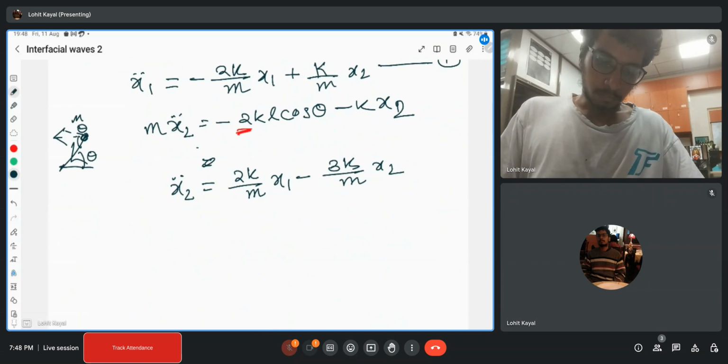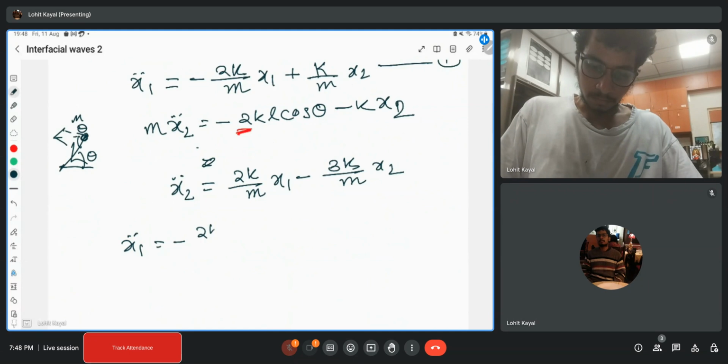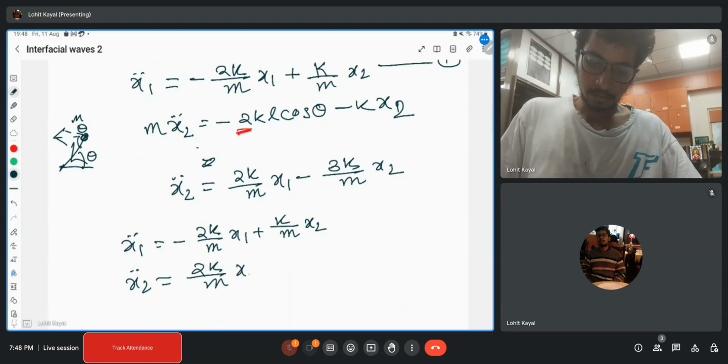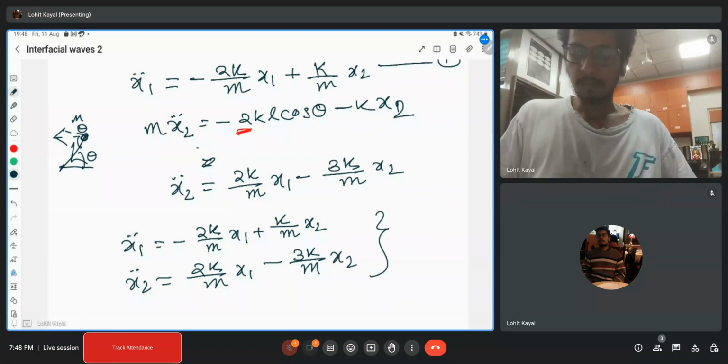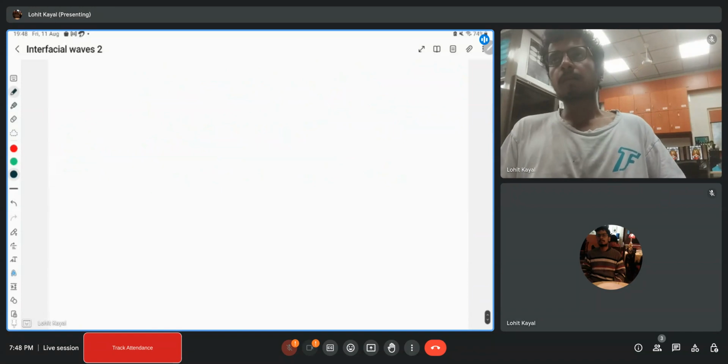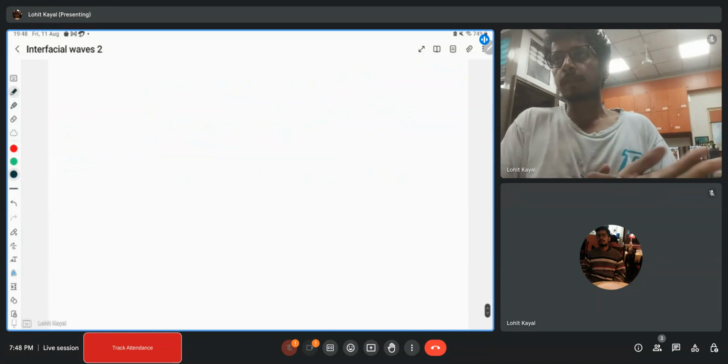Okay, so now you have two equations. One is x1 double dot equal to minus 2k by m x1 plus k by m x2, and x2 double dot equal to 2k by m x1 minus 3k by m x2. So now you need to find the modal frequencies for this system.